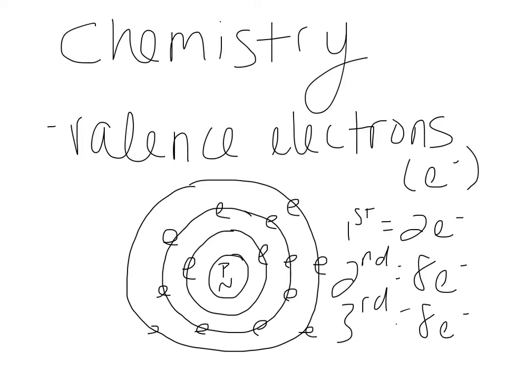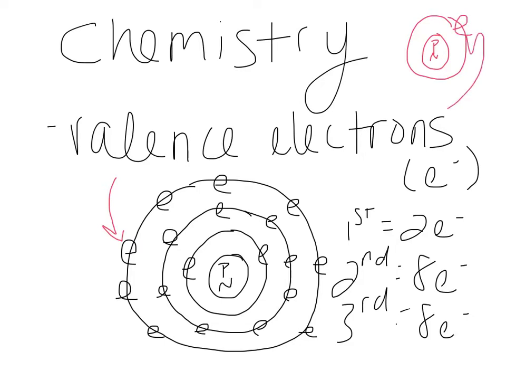And remember, the outermost shell, that is our valence shell. So the outermost shell is the valence shell. In this instance, the valence electrons are these here. It may be a smaller atom, for instance, a hydrogen atom: here's my hydrogen atom, proton, neutron, just has one little electron.